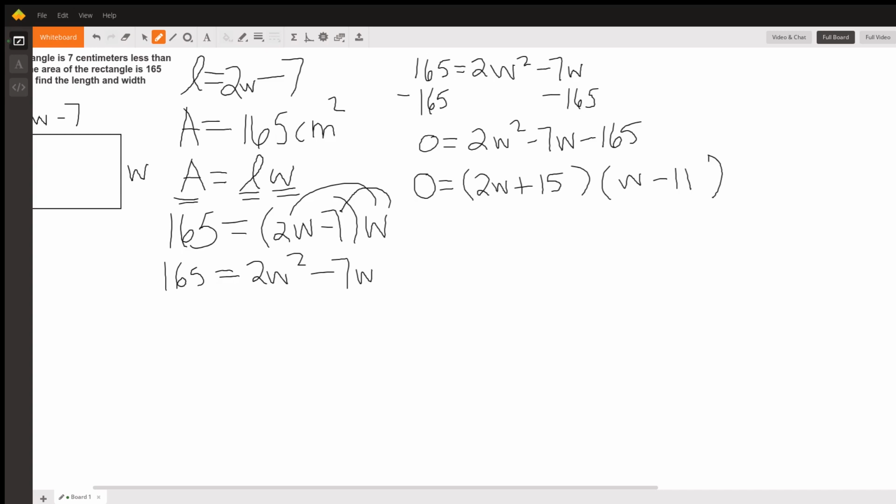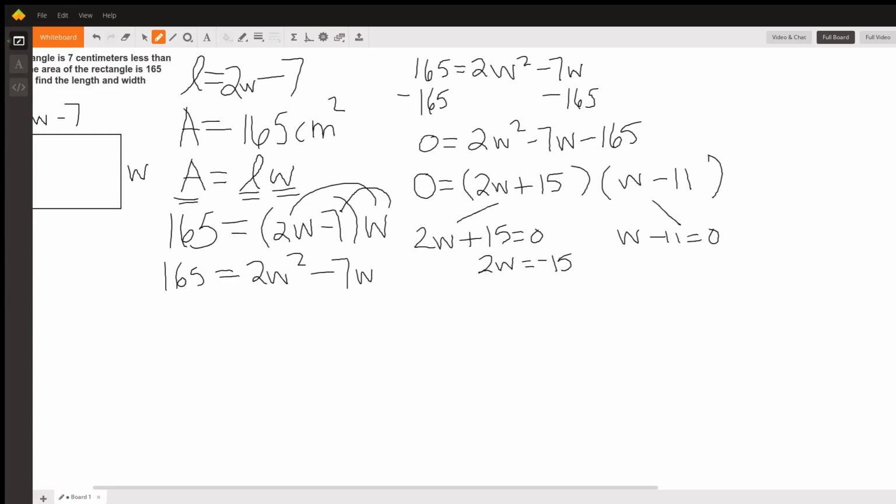Now what we want to do here, because we're solving for W, is set each of these factors equal to 0. 2W plus 15 equals 0. W minus 11 equals 0. And we solve, so we're going to get 2W equals negative 15.